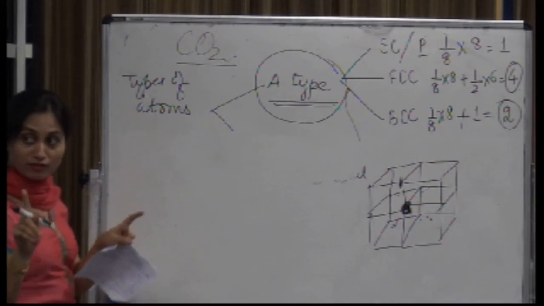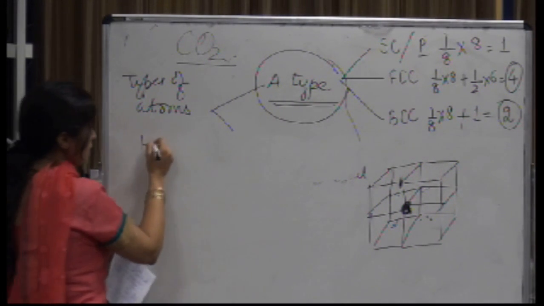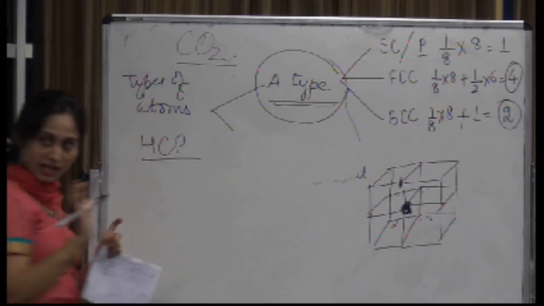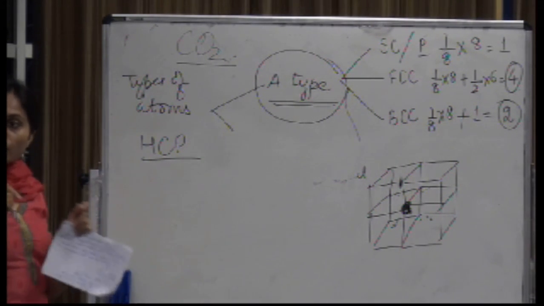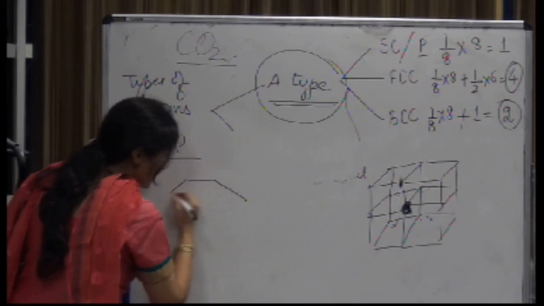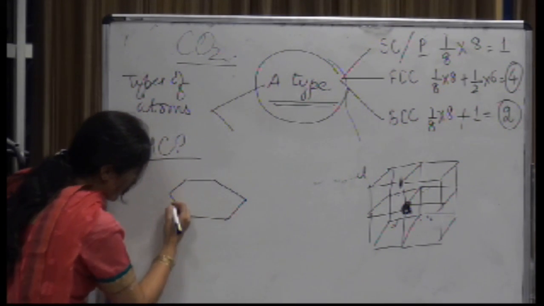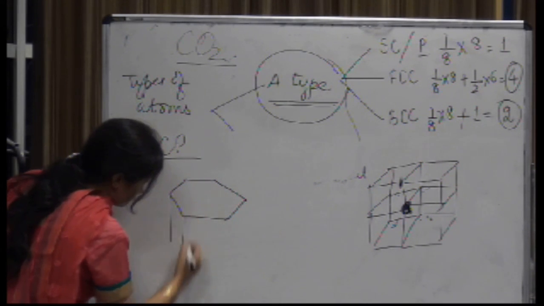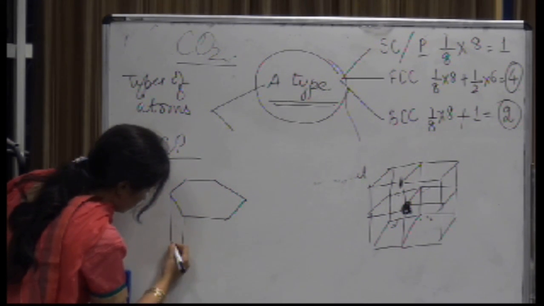Now I am giving you one diagram for an HCP unit cell. Alright, ready all of you? Find out the total number of atoms per unit cell in this case. I have a hexagon, okay, and a hexagon below.